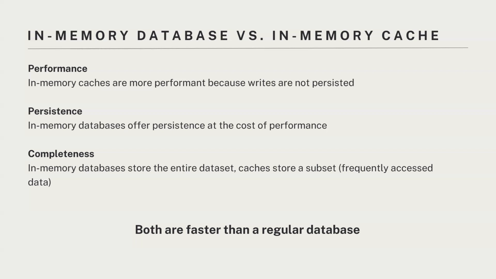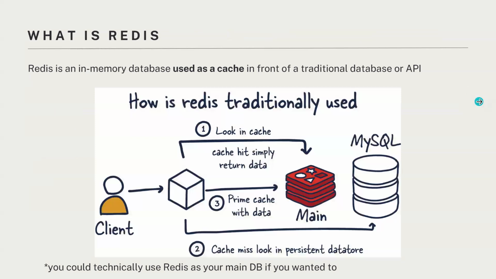Key takeaway though is that both of these are going to be faster than a regular database. So if you care about speed, this is good. So that's a brief intro into what an in-memory database and a cache are.